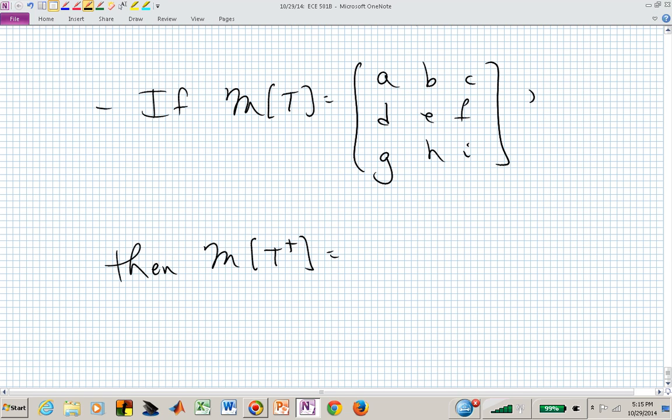In general, the matrix representation of T dagger is the conjugate transpose, isn't it? So now look at the conjugate transpose of T, which is the matrix representation of T dagger. That's supposed to equal the matrix representation of T. That imposes certain constraints on those elements. See if you can do that, and we'll pick up at that point on Monday.